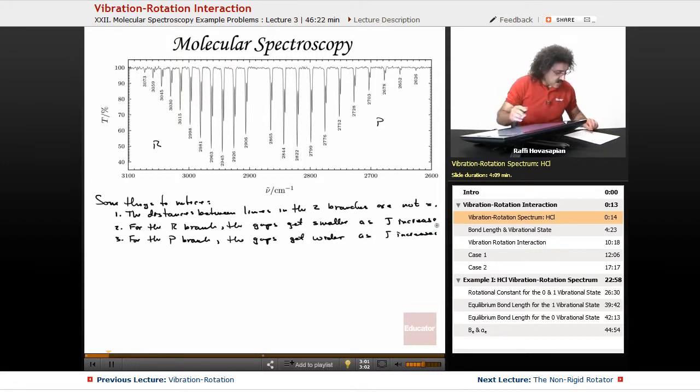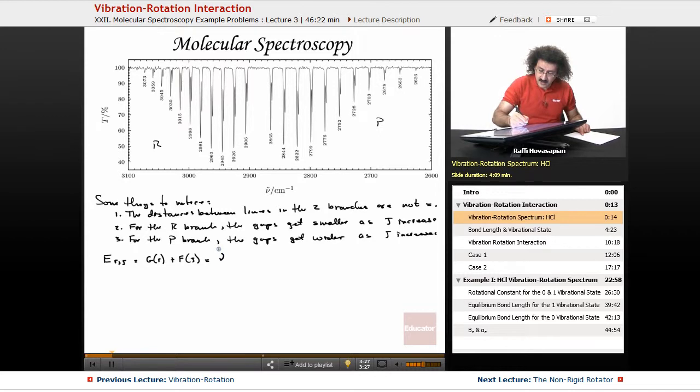Okay, now we had the following for the harmonic oscillator rigid rotator approximation. We had that the energy E_vJ, where v is the vibrational quantum number and J is the rotational quantum number, so the total energy is equal to the vibrational term plus the rotational term.